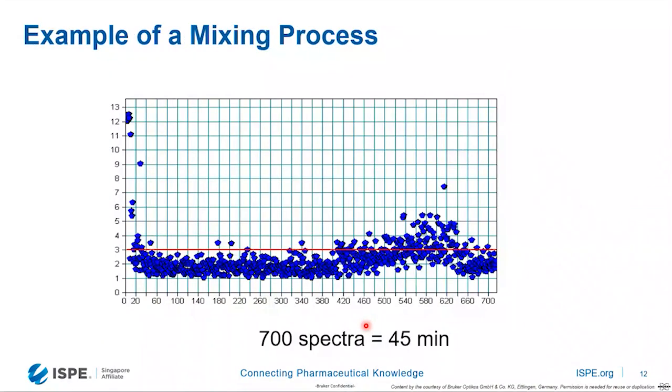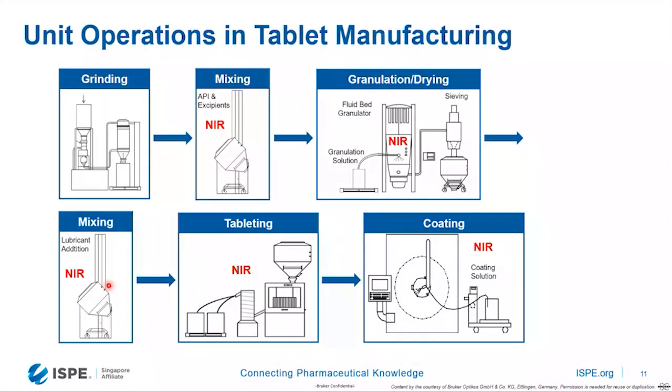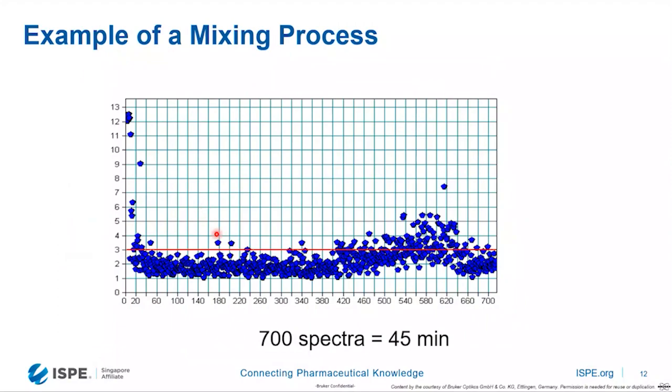Here you see that we collect the NIR spectra of the sample during the mixing over 45 minutes. We could collect up to 700 spectra, and you can see that in the beginning, when the sample is under-mixed, the spectra are not well together under a certain criterion.